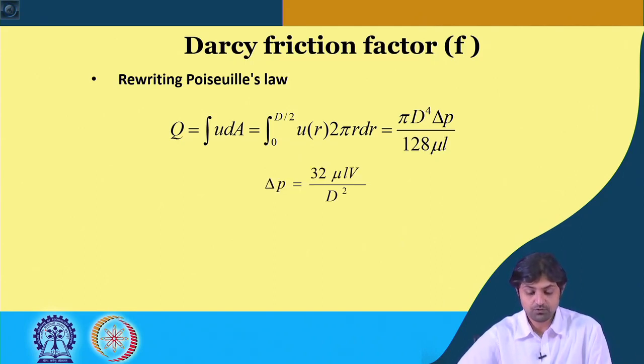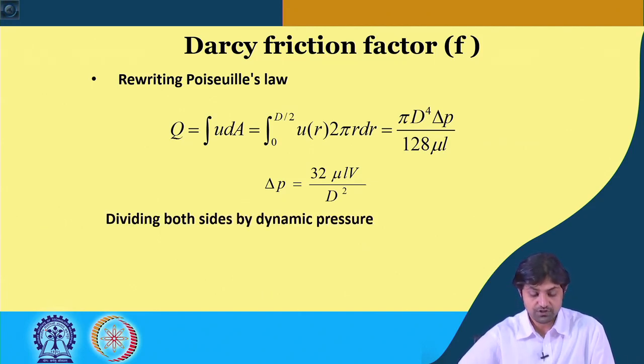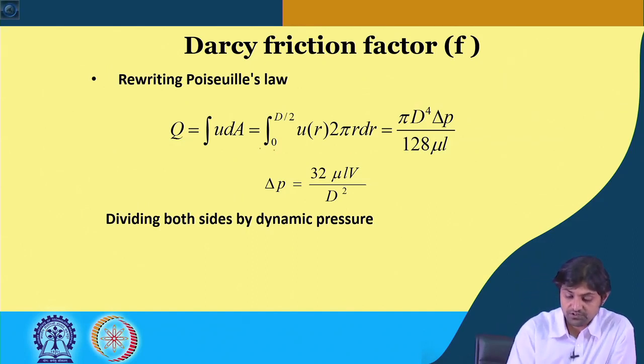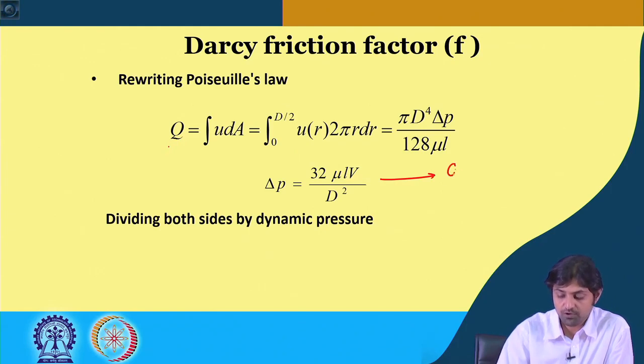Therefore delta p could be written as 32 mu L V by D square, all right, in terms of velocity. Now this is in terms of Q and this is in terms of V, so this is also a form of Poiseuille's law.